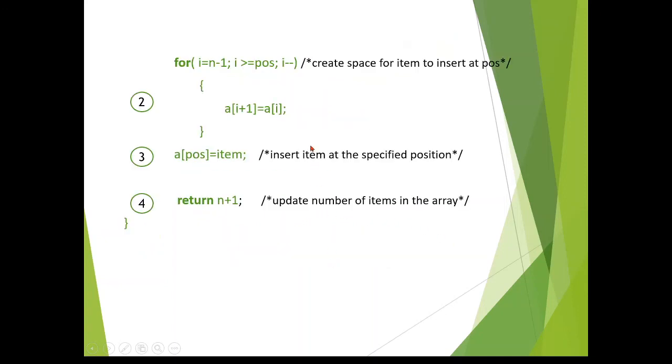In the second step, as I said earlier, we make space for inserting an element at a specific position, so we move the elements one after the other. In the third step we insert the element at the specified position, and after inserting, the number of elements increases by 1. So in the fourth step, we increment the value of n.